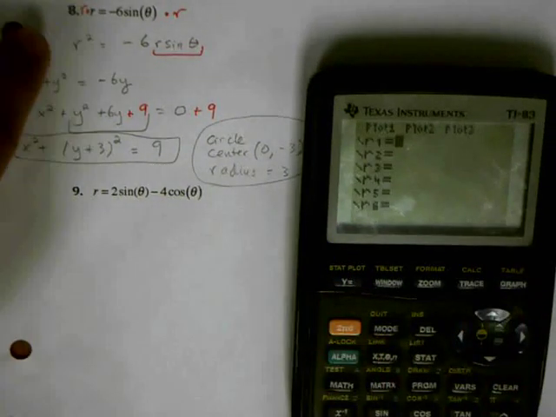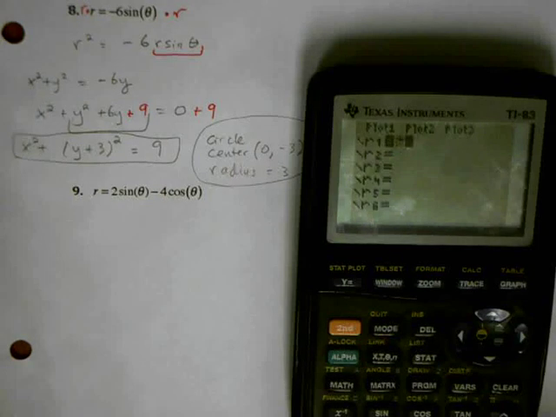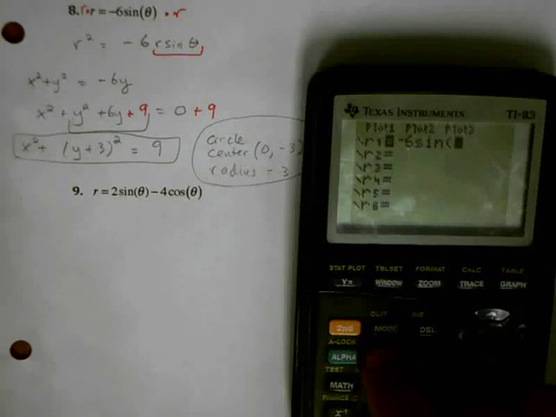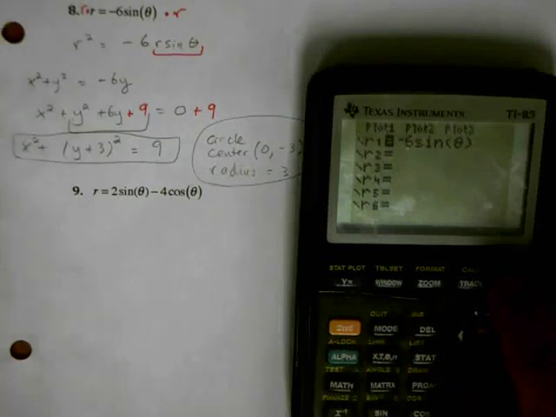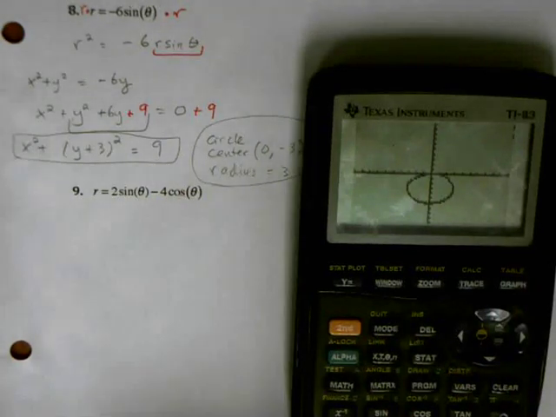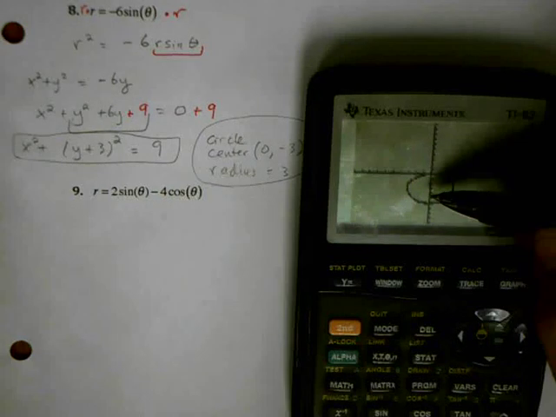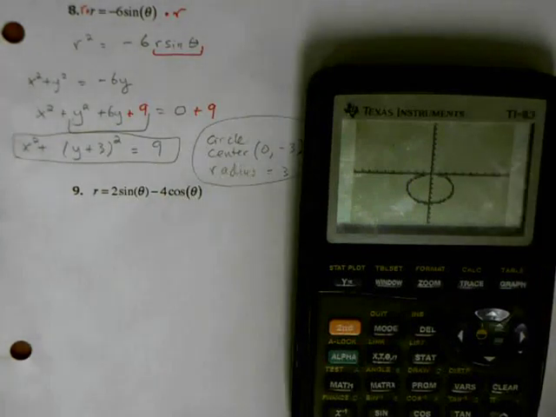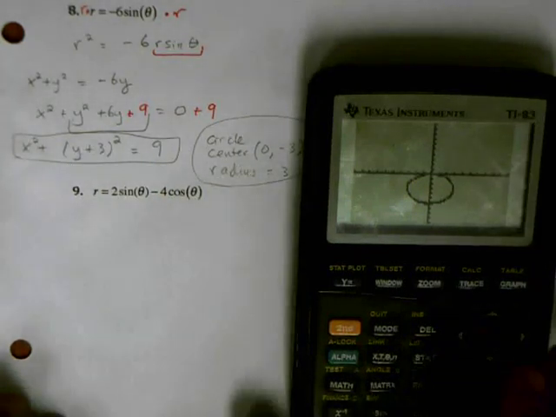So this is r equals negative 6 sine theta. That's the original graph that I'm typing in here. When you hit graph, you can see the graph come up. It's got a center at 0. You can see the center is going to appear on the y-axis, and it looks like it's going to have a radius of 3. Okay.